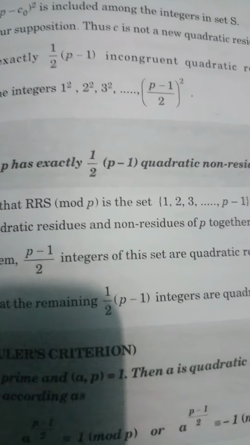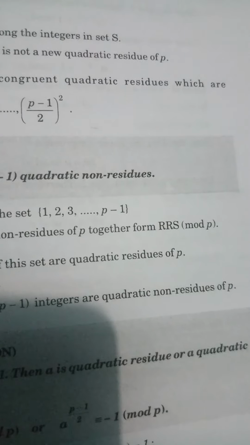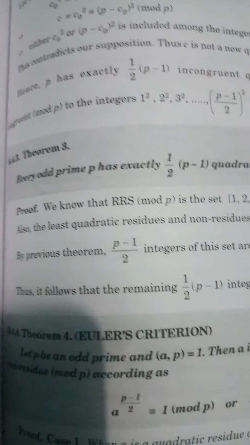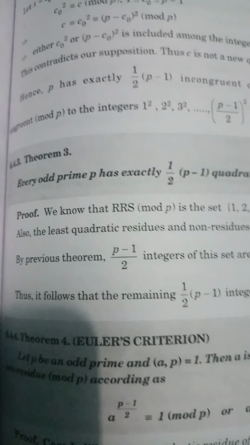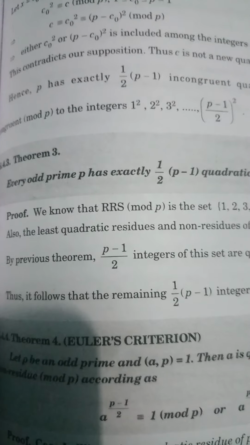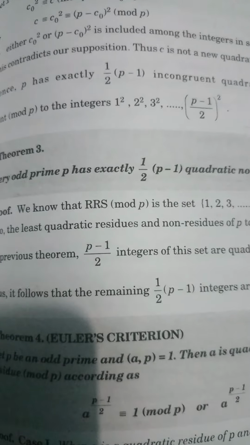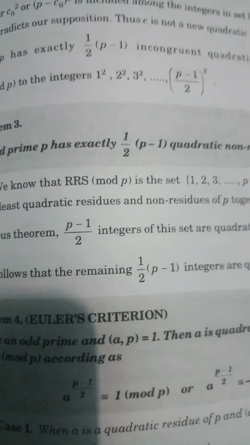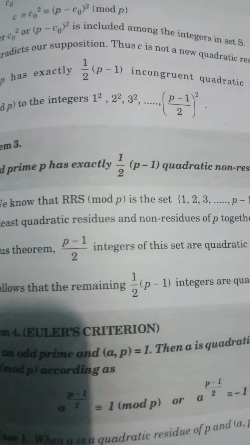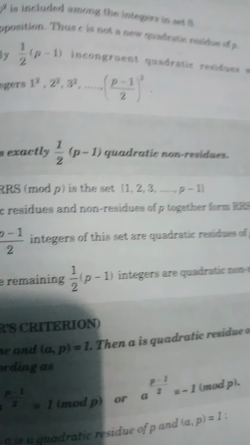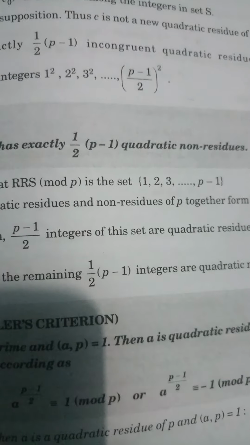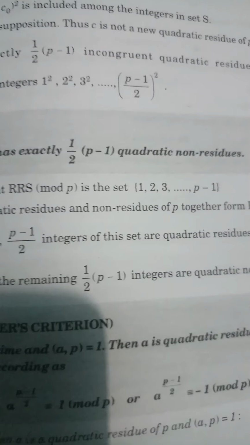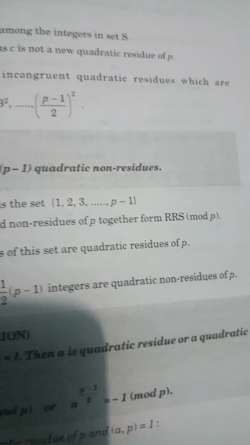Also the quadratic residues and non-residues of p together form the reduced residue system mod p. By the previous theorem, p minus 1 by 2 integers of this set are quadratic residues of p.